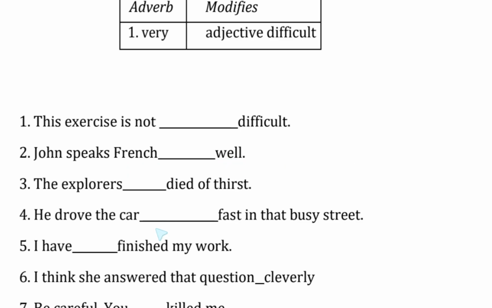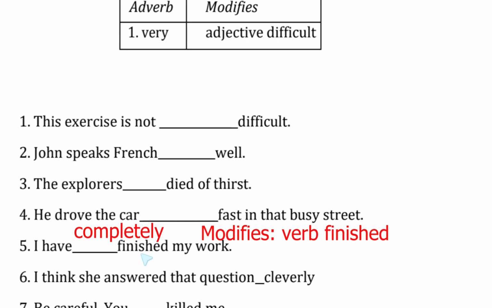He drove the car dash fast in that busy street. Here in this place we can use too and the word too is modifying the word fast. I have dash finished the work. Here we can use completely and the word completely is modifying the word finished, and finished is a verb.